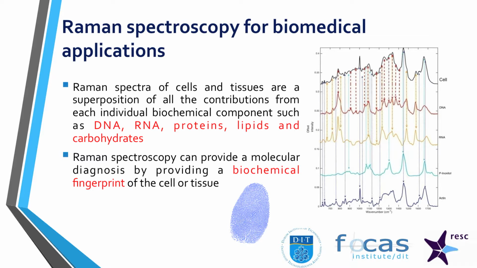These are all different molecular components of cells and tissues. And you can see that the spectrum at the top, the black one, is made up of contributions. So a lot of the bands that we have here, the overall spectrum is what we measure in the cell or tissue, made up of each of those components.